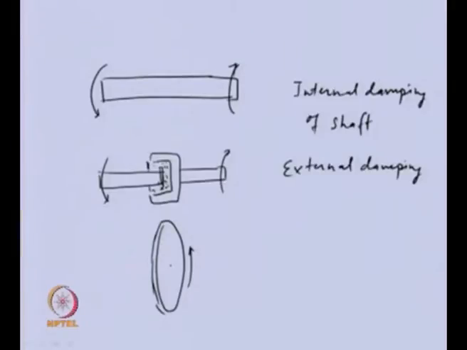When this disc is rotating in some fluid media, which is either a working fluid or maybe some kind of lubricant or coolant, then there will be interaction of the solid and the fluid, and because of that we will have some kind of damping effect, because energy will be getting dissipated from this motion, and that is another form of damping which we can have in the torsional system. So let us see how we can analyze such a system.